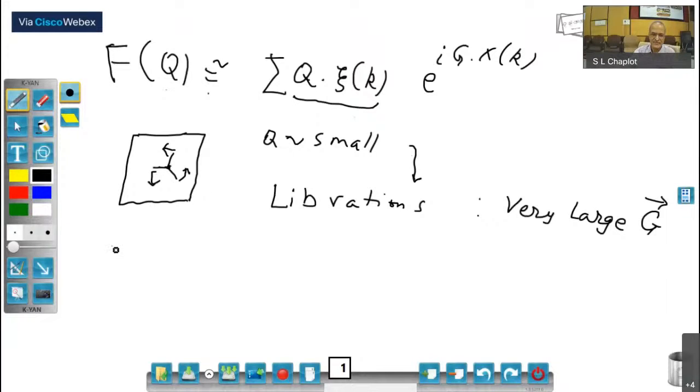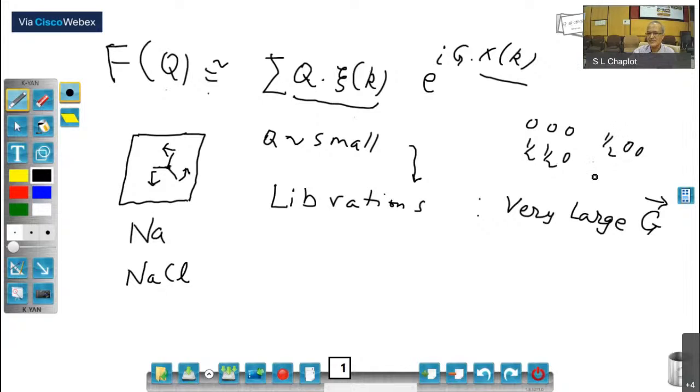See, for example, for diffraction, if you have a simple structure like an elemental solid or a diatomic solid like sodium chloride, in that case, all the atoms are located at some high symmetry sites inside the unit cell, which means that these quantities x of k are typically like 0, 0, 0 or half, 0, 0 or something.